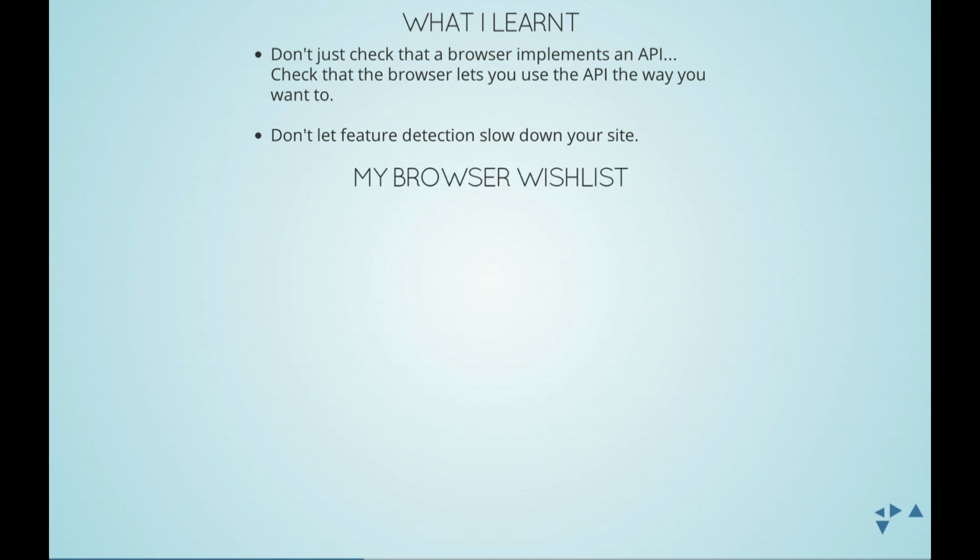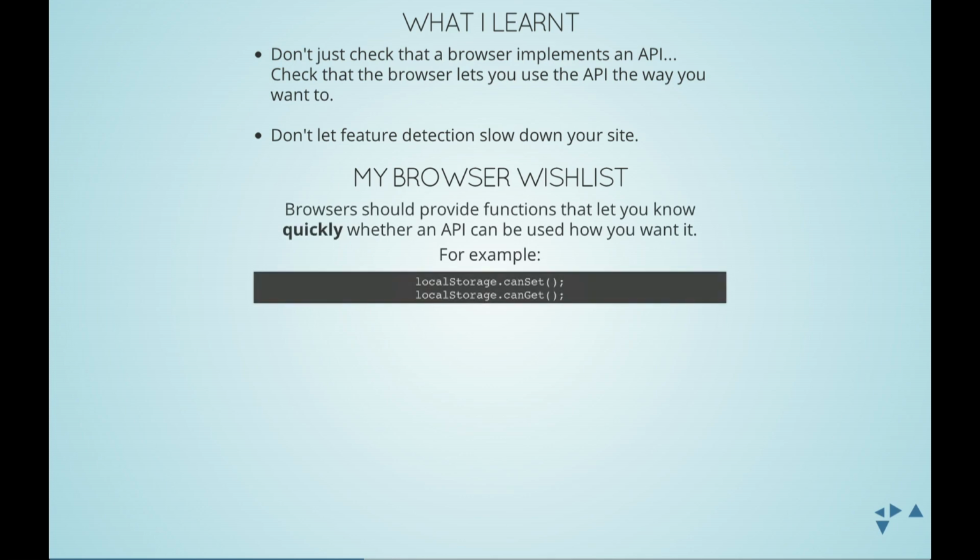And along with this, every time I encountered something with this feature detection, I thought to myself, okay, what would I want out of browsers? What could browsers give to me as a developer that would have made it easier for me in this case? So here, it would have been awesome if I could just ask the browser, hey browser, can I use local storage in a read mode? Can I use local storage in a write mode? Okay, great. And then the browser could figure out the most optimal way of checking, and it wouldn't be up to me, right?